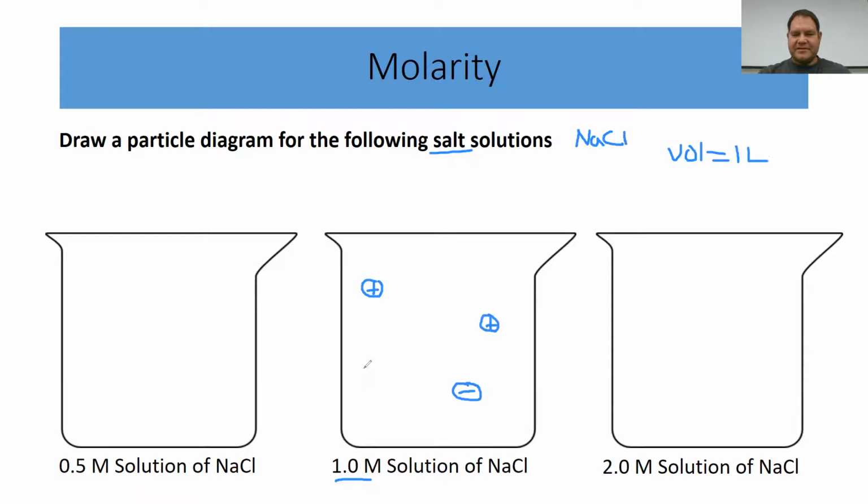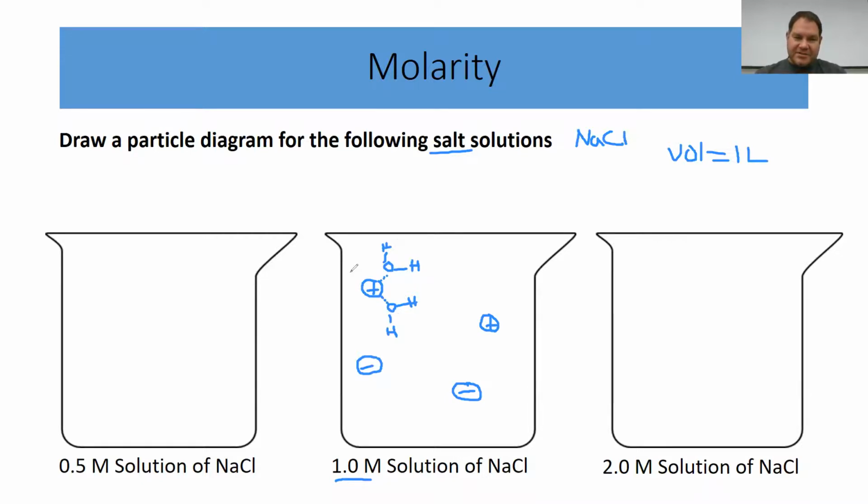Then we surround these ions with water molecules. Remember that the oxygens in water are attracted to the positive charge, so I'll create some water molecules and put little dots to show the attraction.